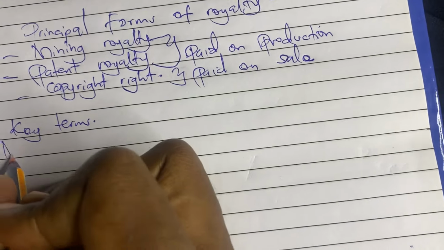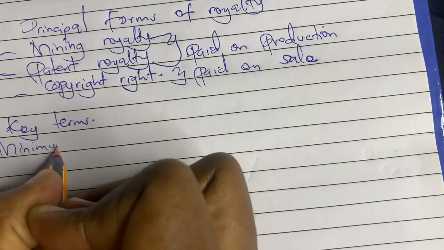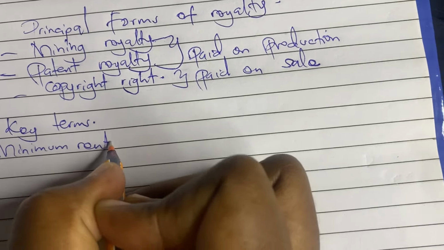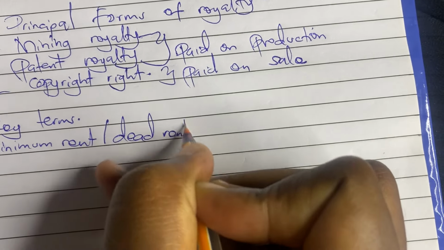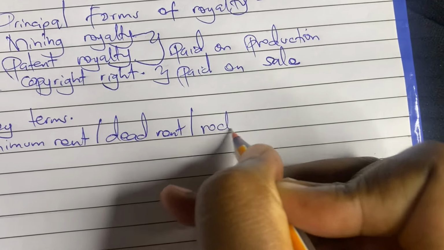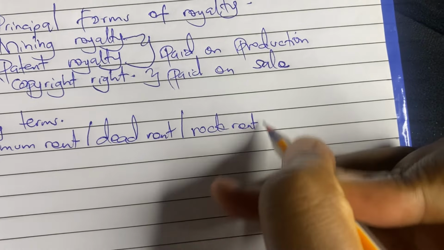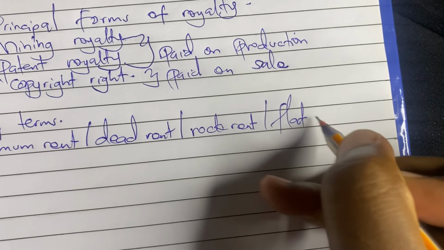The first one we have is called minimum rent, also known as dead rent, also known as rock rent, also known as flat rent.